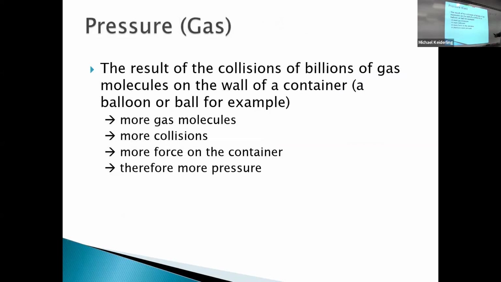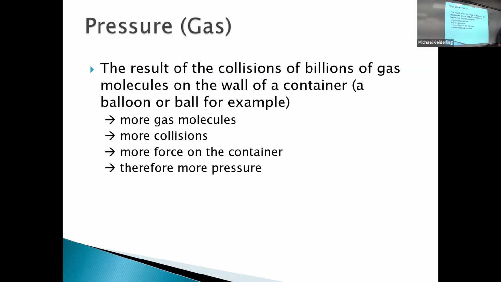So the result of the collisions of billions of gas molecules on the walls of a container, like a balloon or a ball, is pressure. So I have a balloon. It's got some gas in it. Those are bouncing around. They're pushing out and stretching the rubber.